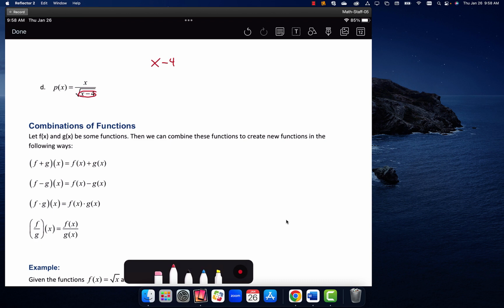But in this case, because it's in the denominator, we want to make it strictly greater than 0. We don't want to have equality, because if you have equality, you're dividing by 0 in this case. So when it's in the denominator, make it strictly greater than 0 and solve. X is greater than 4, so our domain, 4 to infinity.